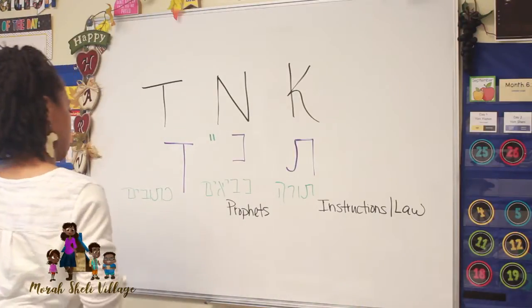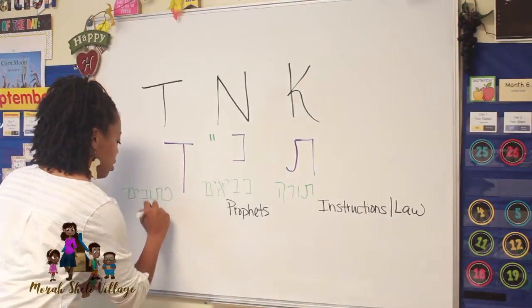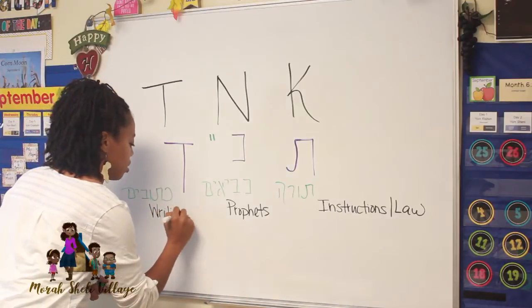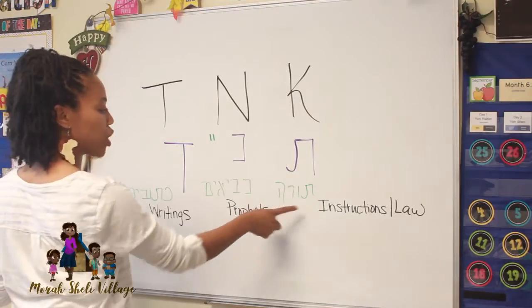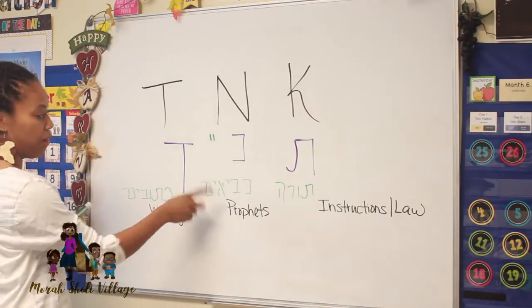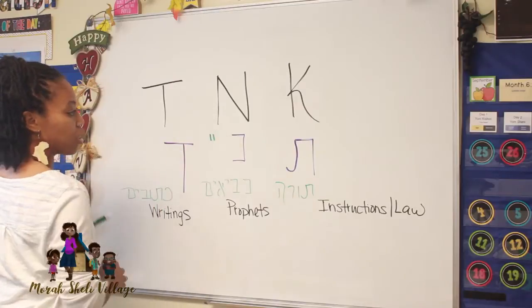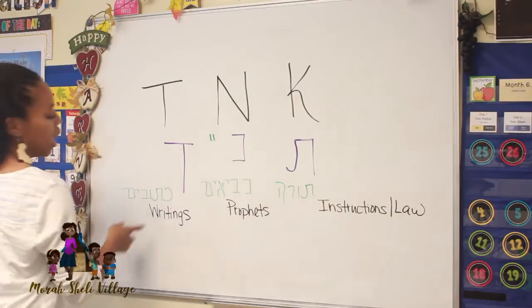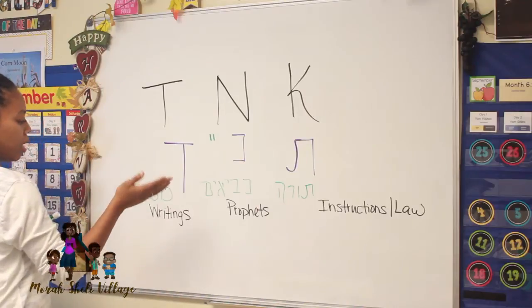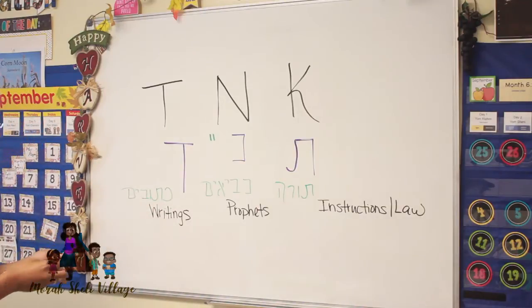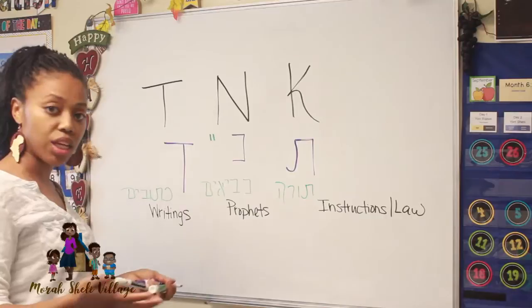And that is writings. Okay, so the tau is short for Torah. The noon is short for Nevi'im. The quotation marks tells me it's an acronym, not a word. And the chaf stands for Ketuvim, which are writings.